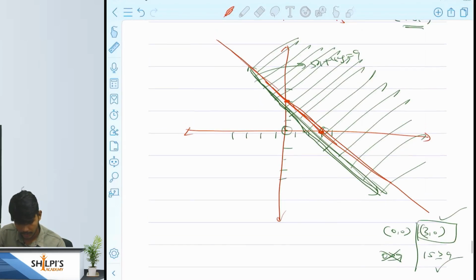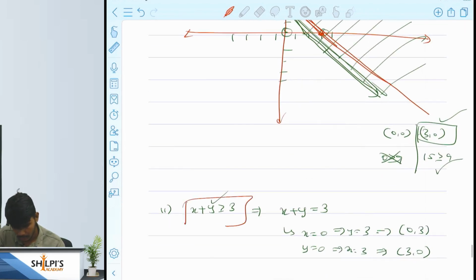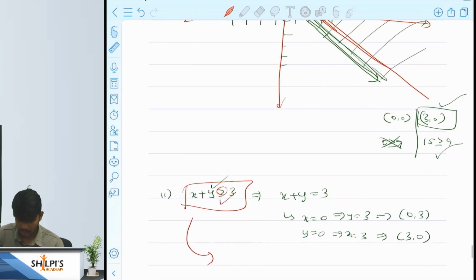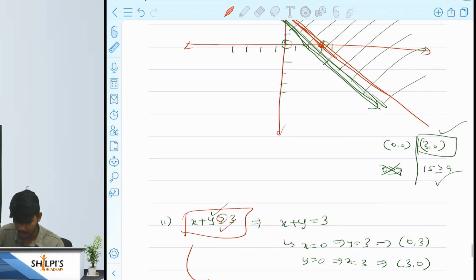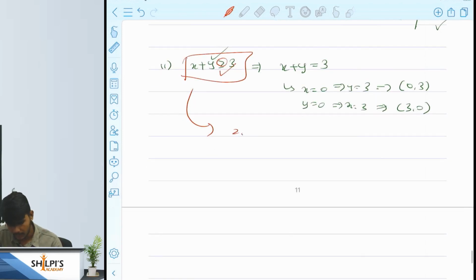Since this equation has greater than or equal to, I want to shade some region. So I want to take 2 points on each side of that particular line. I am going to take 2 comma 0 and 4 comma 0. If I take 2 comma 0, is 2 greater than or equal to 3?